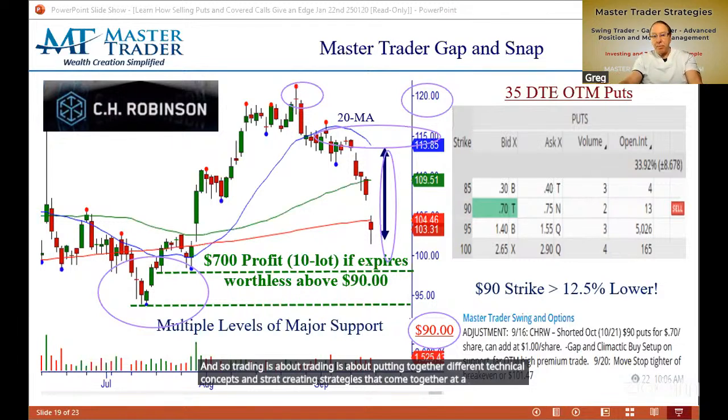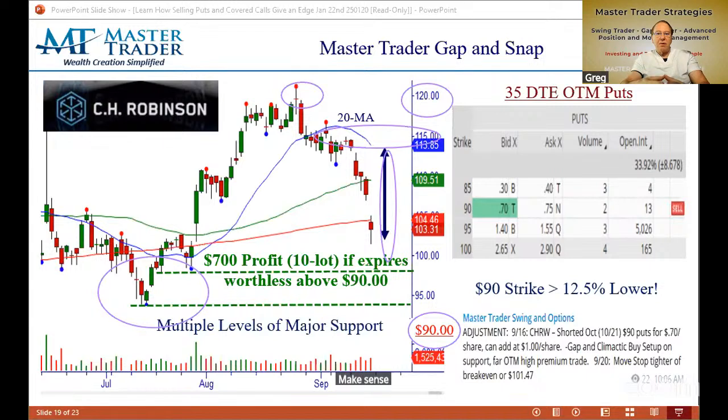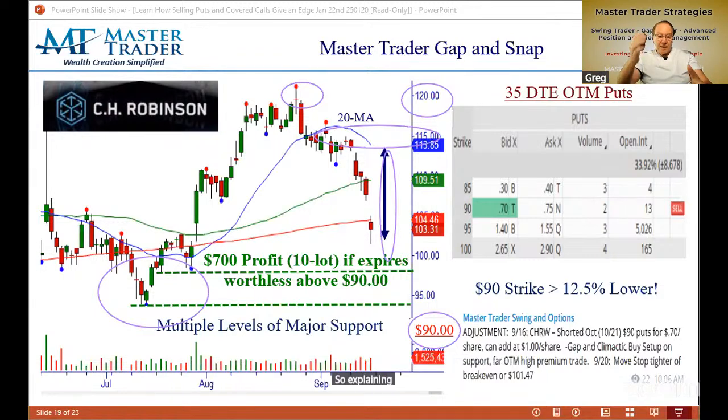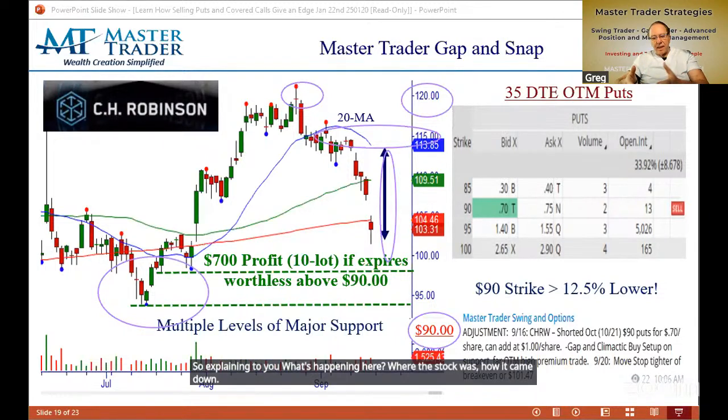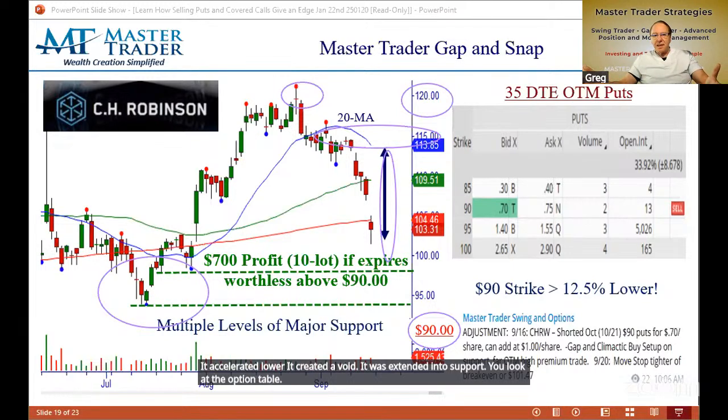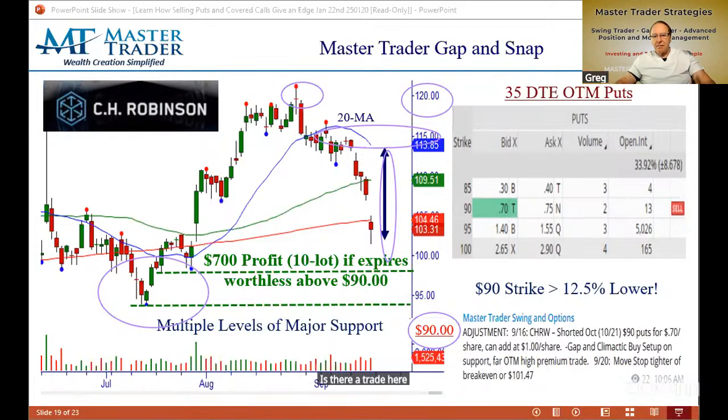And with options, there was enough premium there to make that trade make sense. So as we put this together, you can see how it comes down to common sense. But how do you know common sense until you get any sense whatsoever? Which is called education. So explaining what's happening here, where the stock was, how it came down, it accelerated lower, it created a void, it was extended into support. You look at the option table, is there a trade here? Time to expiration, and so on and so forth.